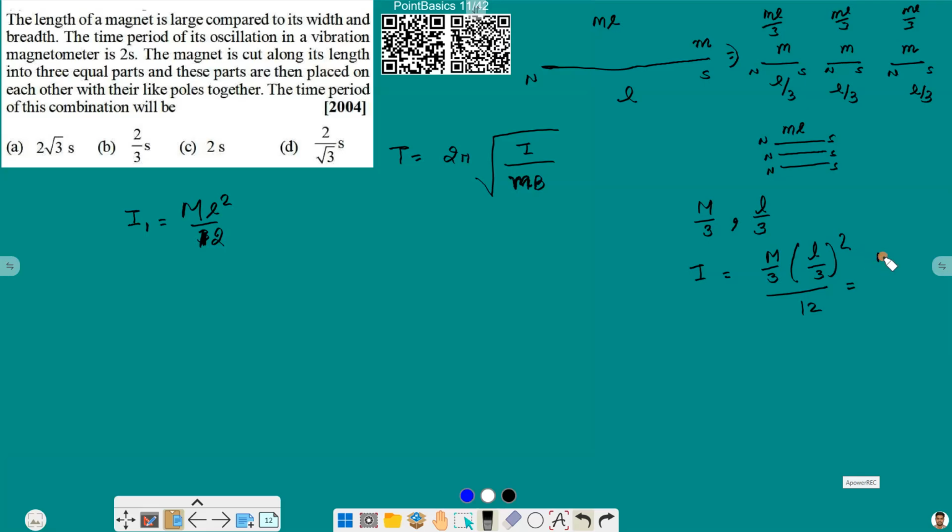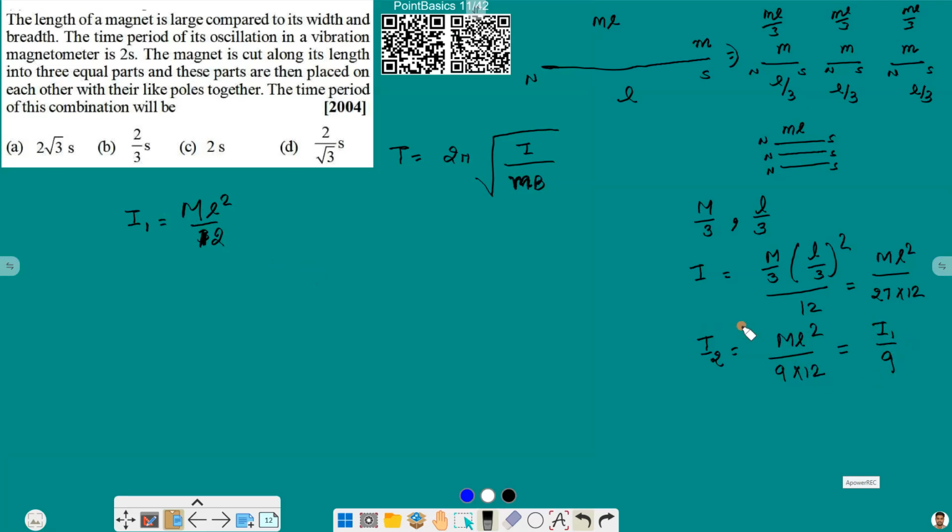So it will be M L square, 3 square, 9 into 3, 27, so 27 into 12. And we have three rods aligned parallel to each other, which means their moment of inertia will be added. So the new moment of inertia, that is I2, will be 3 times this value, and it will be M L square divided by 9 into 12. We just multiplied it by 3. And we can say M L square by 12 is I1, so I2 is I1 by 3.